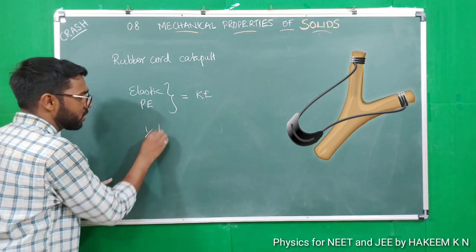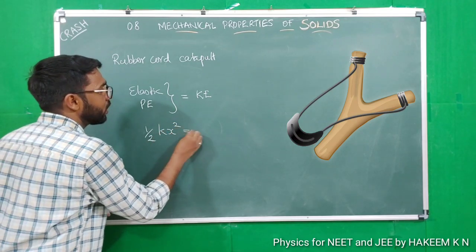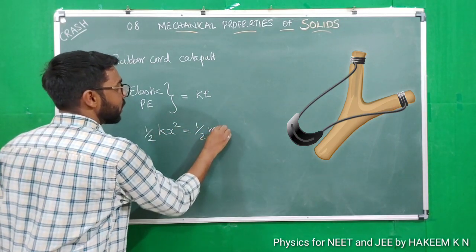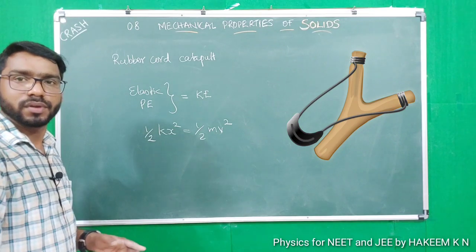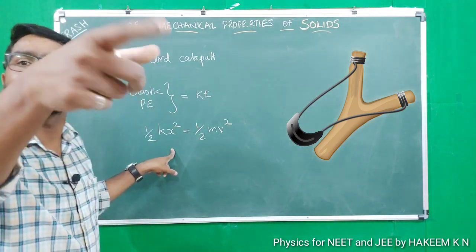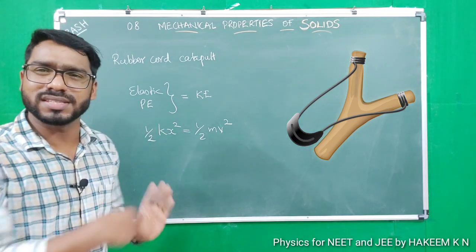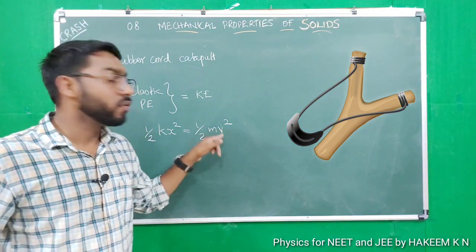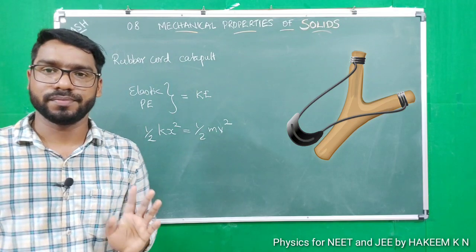For elastic potential energy we can use half k x square. For kinetic energy we can use half m v square. Here k we can write as Y A by L if Young's modulus and area of cross section, length etc. are given. x is actually delta L. v is the velocity of the stone.